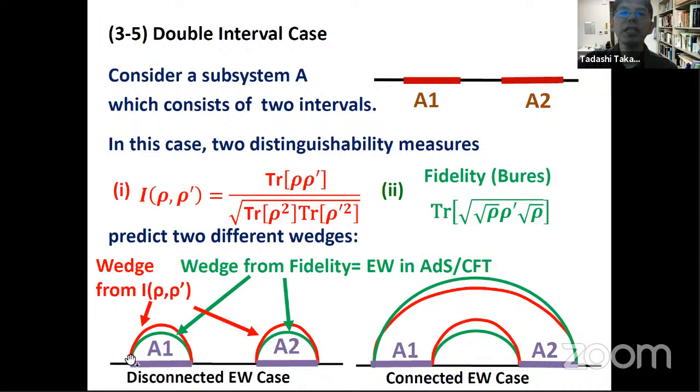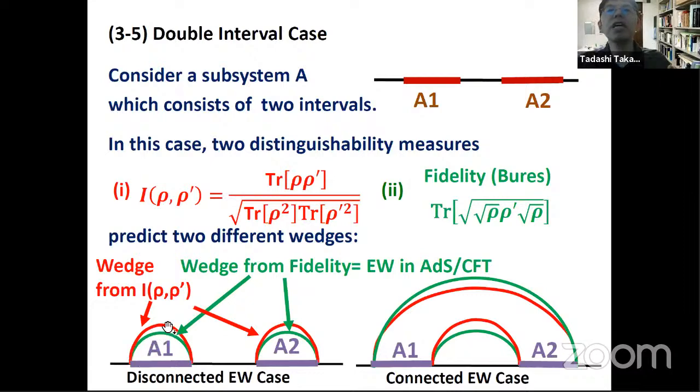And what we expect is the green curve. The green curve is just the AdS/CFT prediction, the entanglement wedge of AdS/CFT, the minimal surface. But what we get from this red guy, this Renyi version of the distinguishability measure, which is not exactly a good distinguishability measure, is indeed a small deviation.